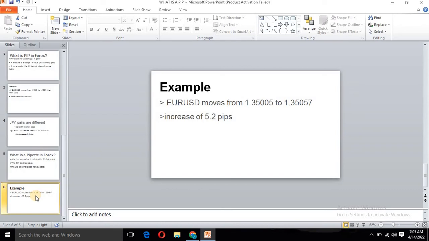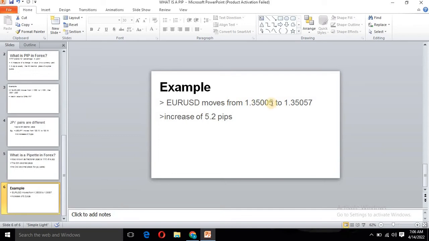So another example, of pipette here. Remember, I gave you an example of pips; now I'm giving you an example of pipette. So moving on, you see here that we have Euro USD. Let's say Euro USD moves from 1.35005 to 1.35057.